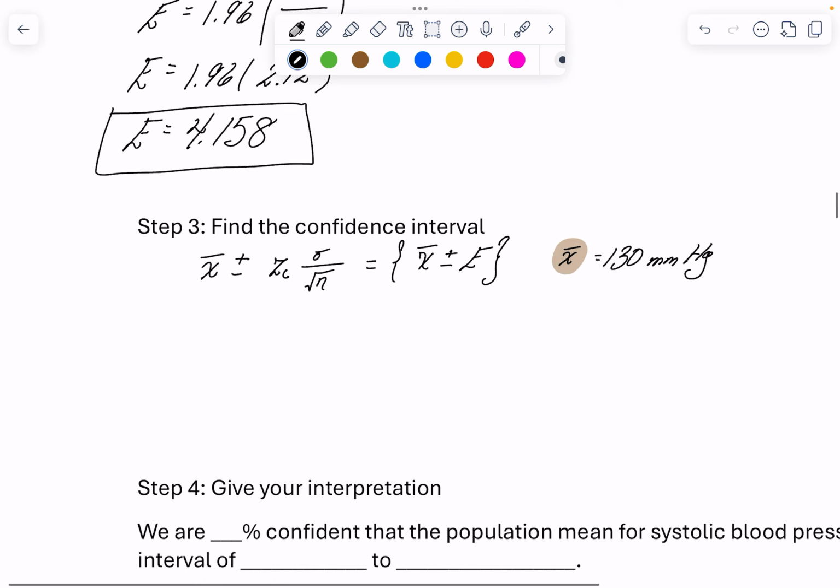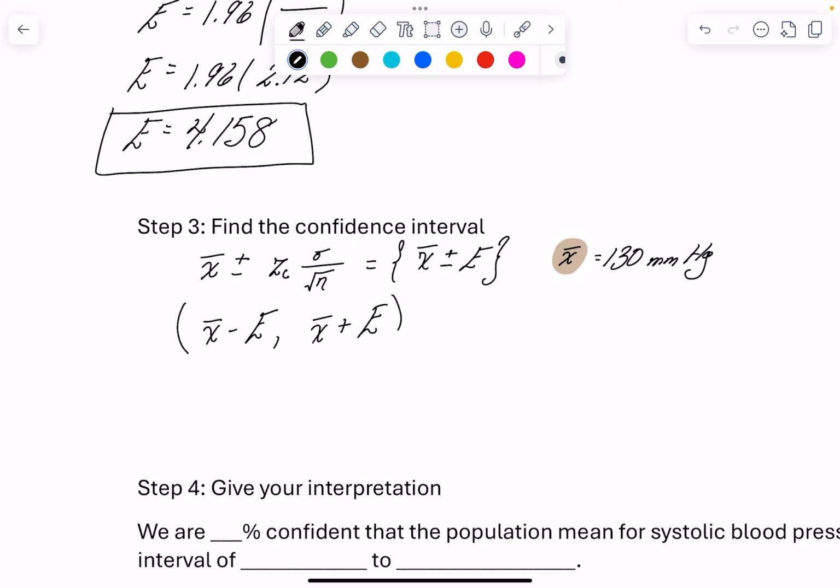So what we're going to do is subtract our margin of error as well as add our margin of error to the sample mean. That's 130 minus the 4.158 that we found, as well as 130 plus 4.158 that we found.